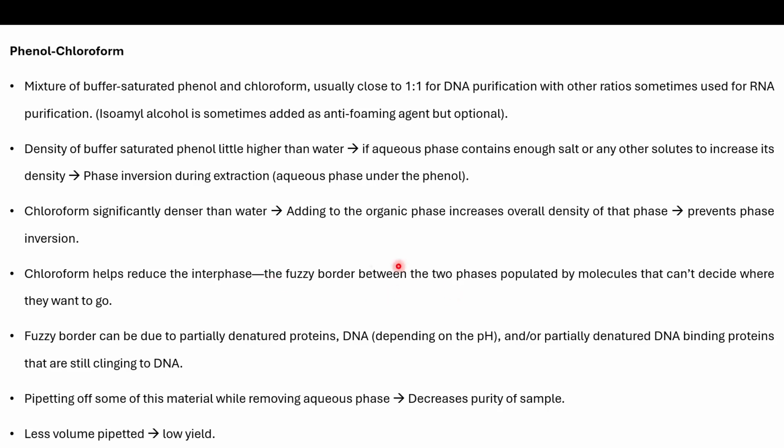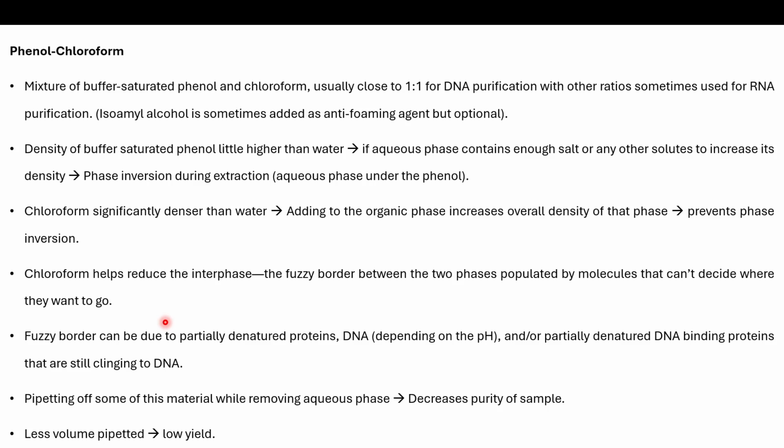Usually in the interface, the molecules that reside are those which really can't decide where they want to go. Okay, whether they want to go to the aqueous phase or to the phenol phase, where completely denatured proteins are. We looked in the previous slide at how the proteins are denatured.